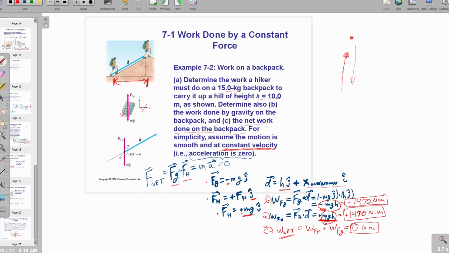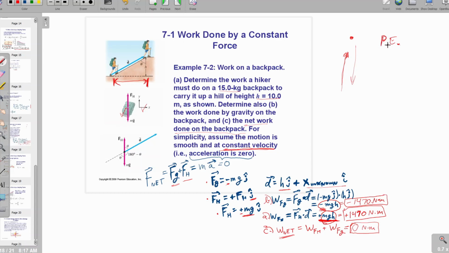And there is another way of thinking about this mgh. Instead of thinking about it in terms of the work done by specific forces, you can think of it in terms of potential energy. PE is short for potential energy, specifically gravitational potential energy.